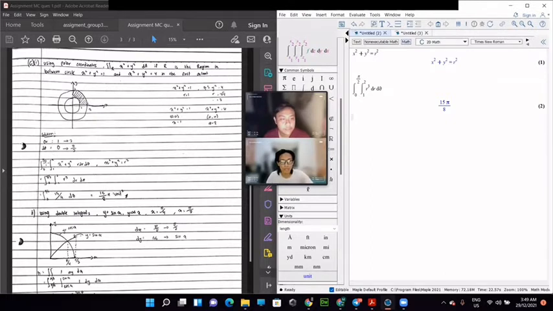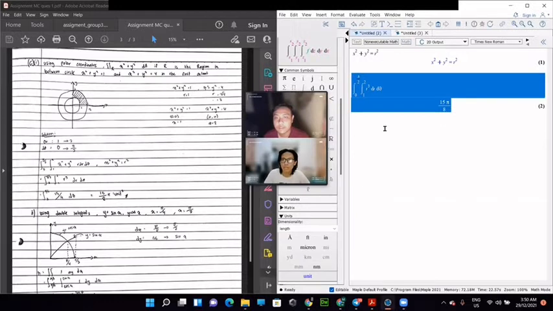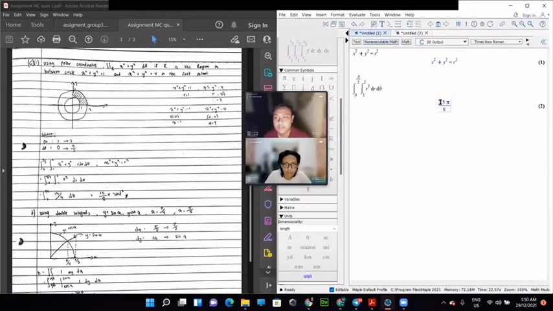Basically this is a double integral, and then we get the answer 15 over 8 pi. For our Maple solution, we get the exact answer from the manual calculation. So we get 15 over 8 pi.